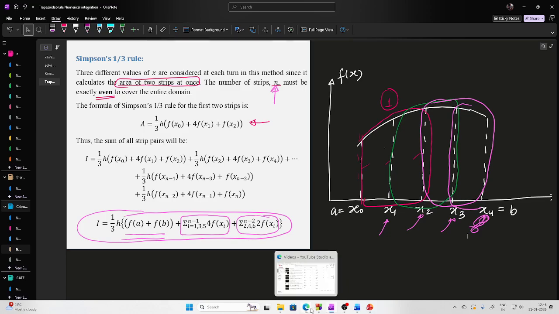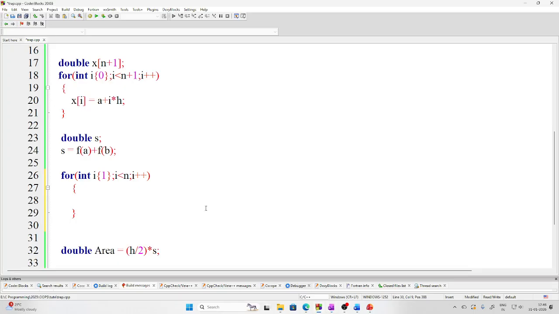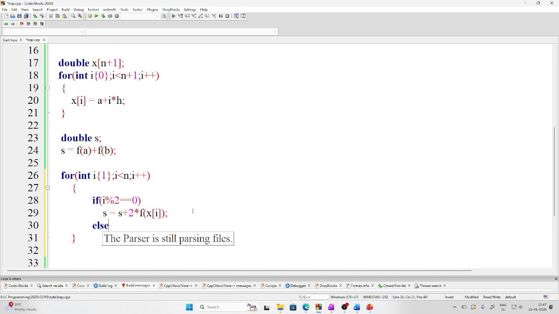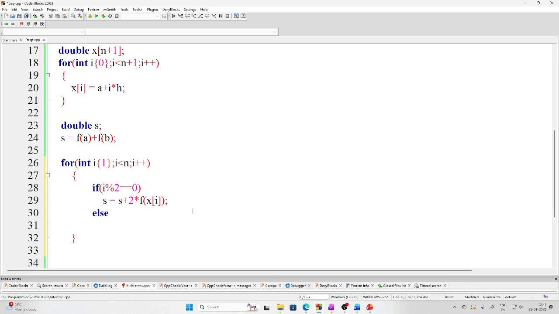Okay, so where is the code? This. Inside, we will say if I is even, that is, if I modulo operator 2 is 0, then we have to do this. Whereas else, if it is not even, then it has to be odd. Then you have to add 4 times.